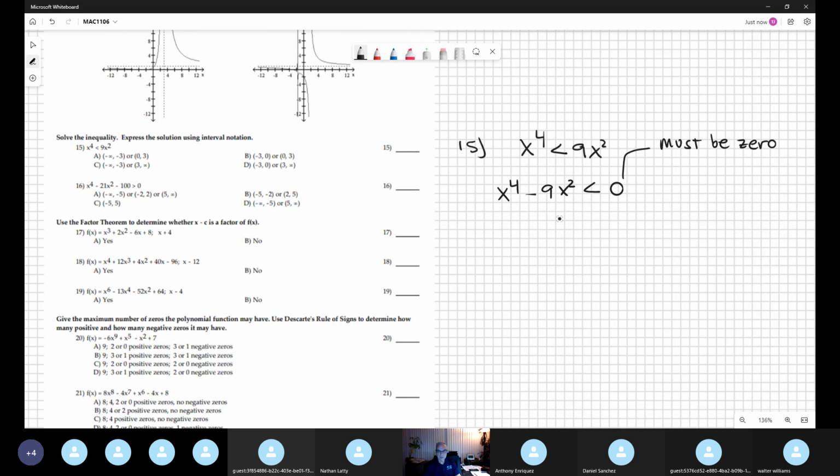Now factorization. You focus on the expression on the left-hand side, and we do our best in the factorization. In this case, the GCF, greatest common factor, is x squared. I factor out, and we have x squared times (x squared minus 9) less than 0. Did I finish? Why not?